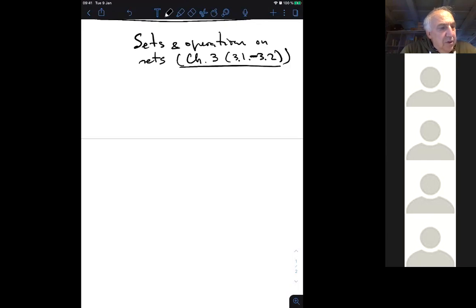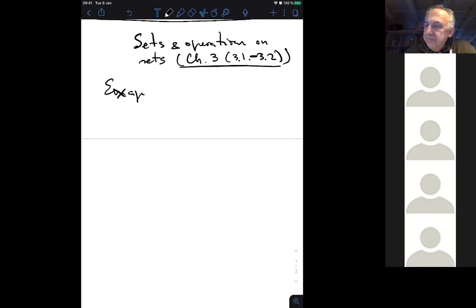Anyway, we'll rely on a set as a collection of some kind of objects. It can be a collection of finitely many objects or an infinite collection of objects. Members of these collections are called elements of the set. One interesting example of a set is the empty set.